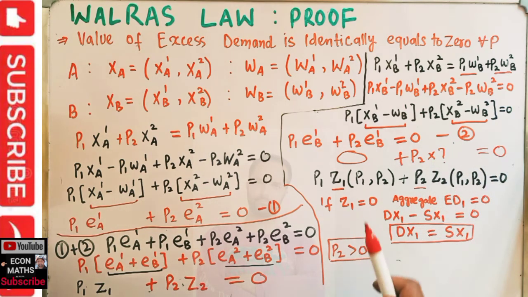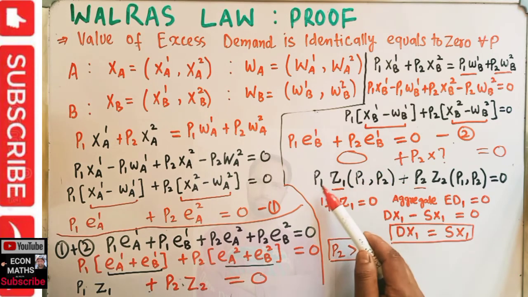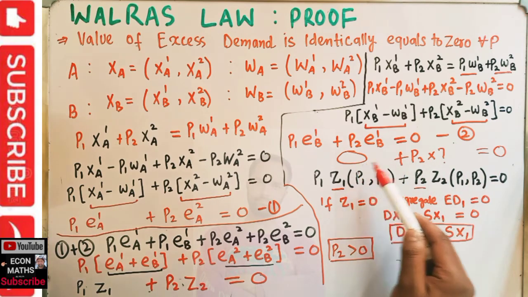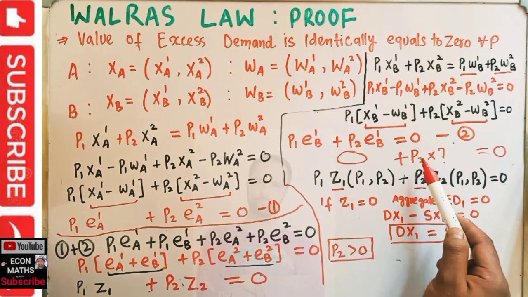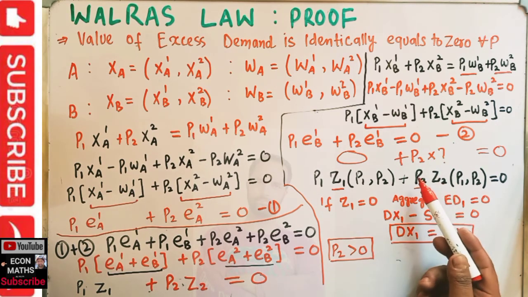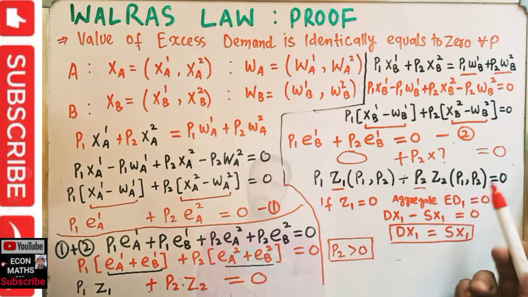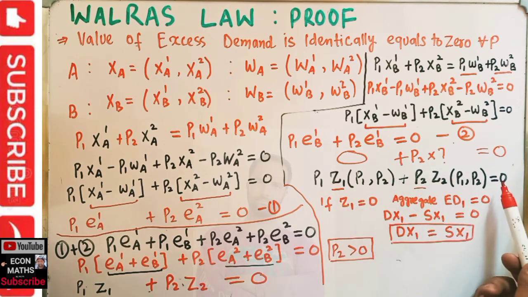If first term is 0, then to hold this equality the second term should obviously be 0, and since p2 is greater than 0, this implies z2 should be equal to 0. If this is not equal to 0 and prices are positive, this whole expression will not become 0, because we need to hold this identity.